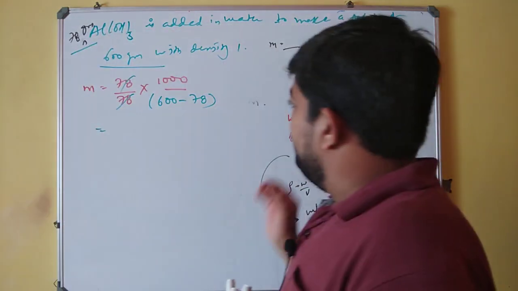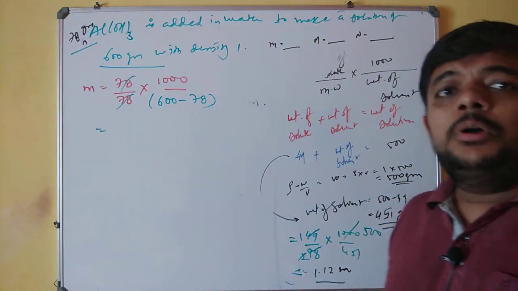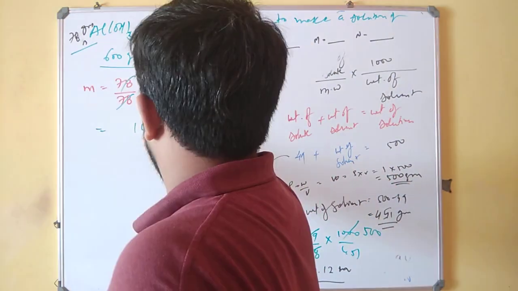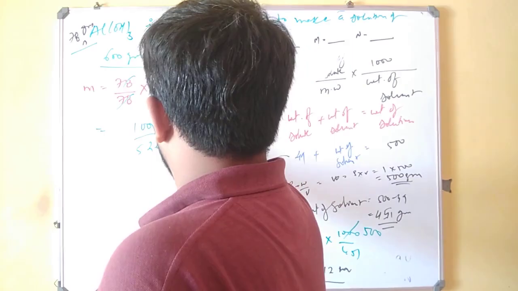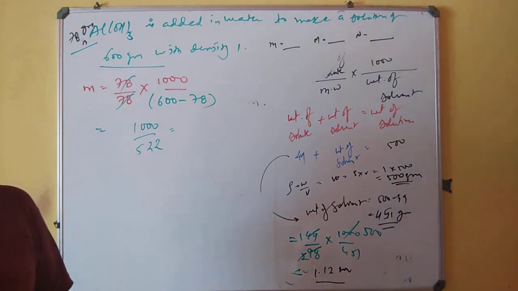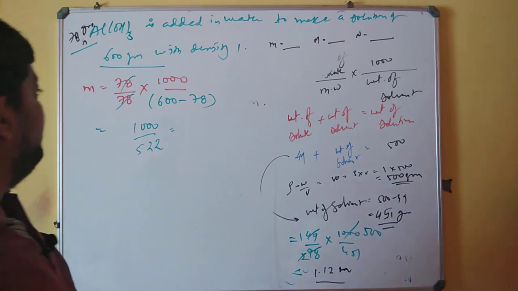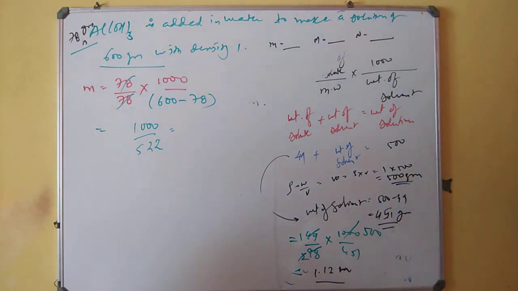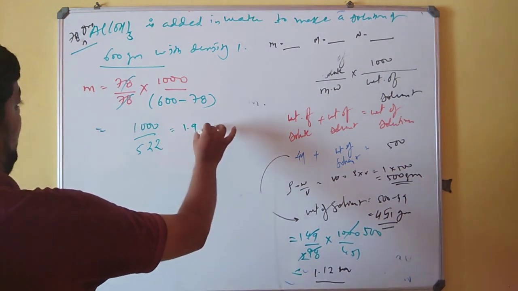So now you have to just solve 1000 divided by 522. You will get an answer somewhat around 1.9. So friends, this is 1.9 molal.